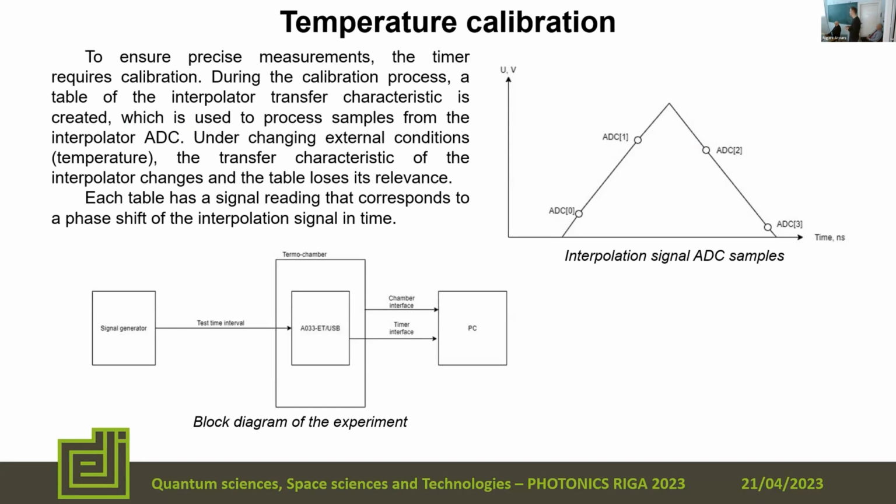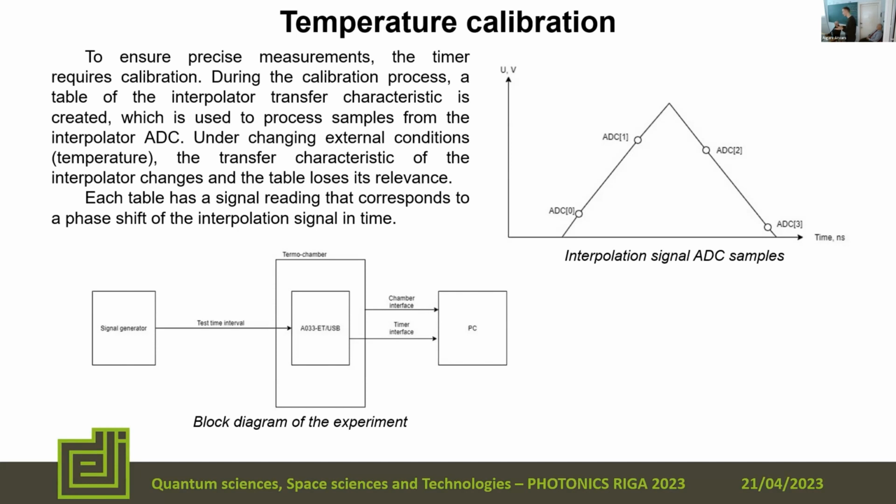We did that by creating a table which contained information of the slope of our secondary signal and how the slope changes with temperature. However, since we had to have a table for each degree Celsius, there were a lot of tables, and that required a lot of memory, which was a downside and an obstacle.